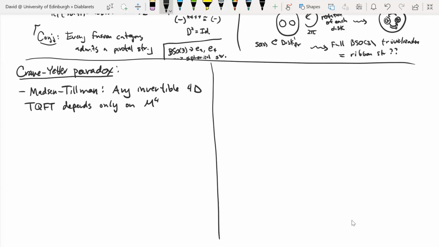The number depends only on the 4 manifold up to homotopy.